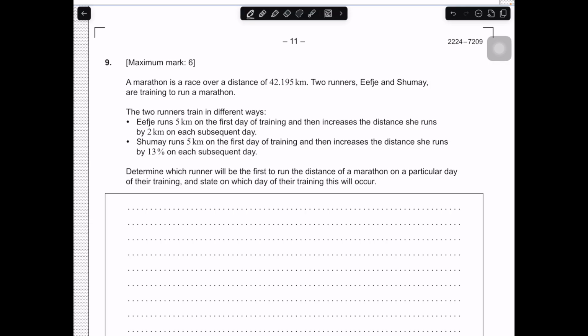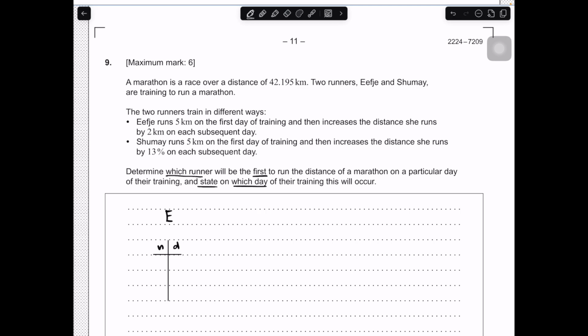So what do we want to do? Which runner will be the first on a particular day, and state on which day that will occur. Okay. So if we're looking at Efje, let's say this is the number of days, and this is the distance she's run.